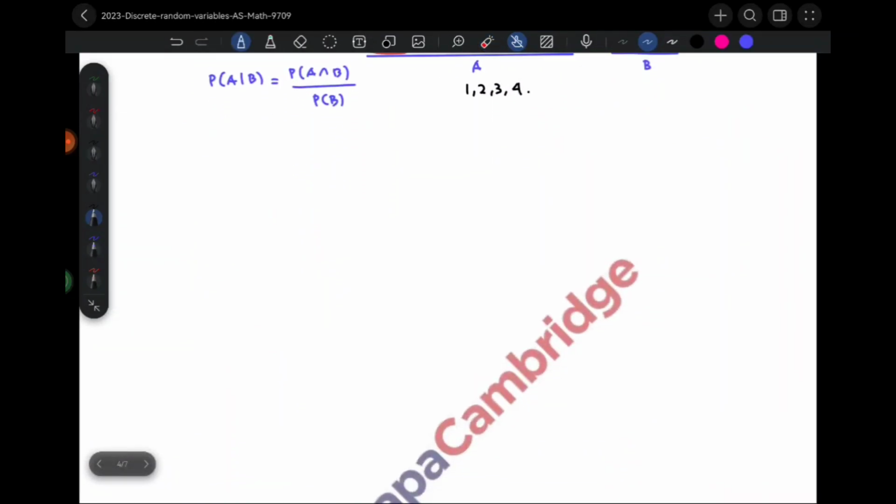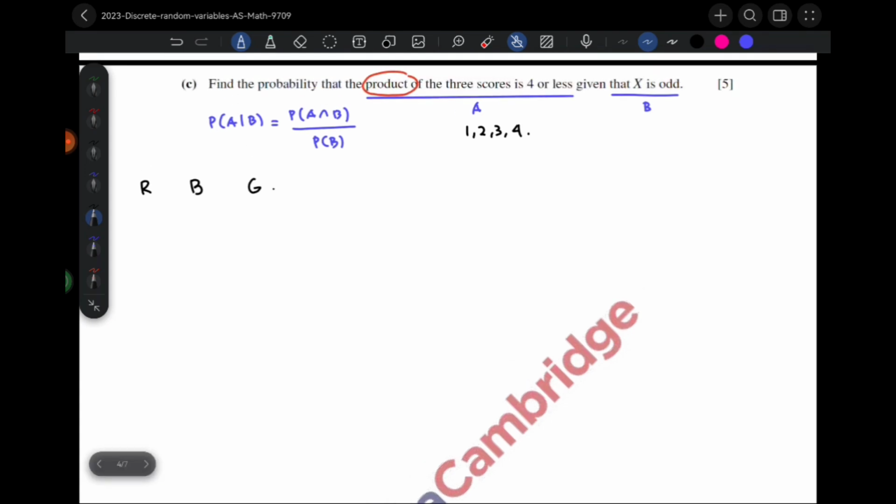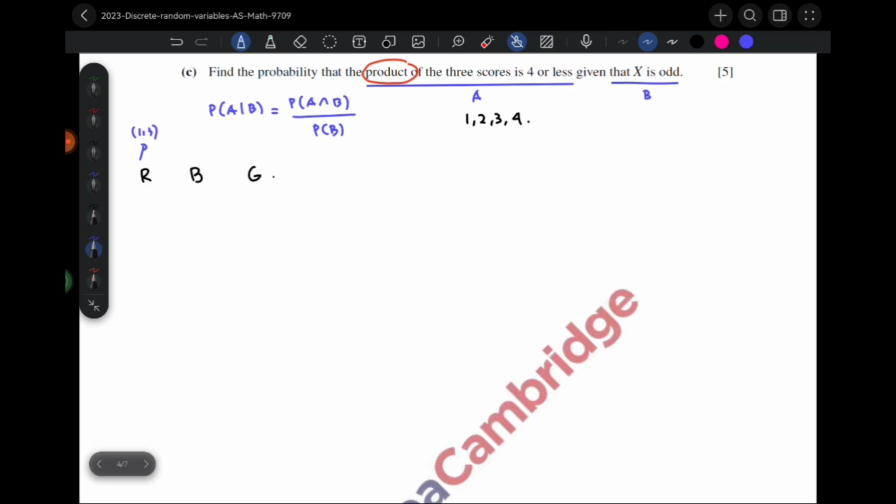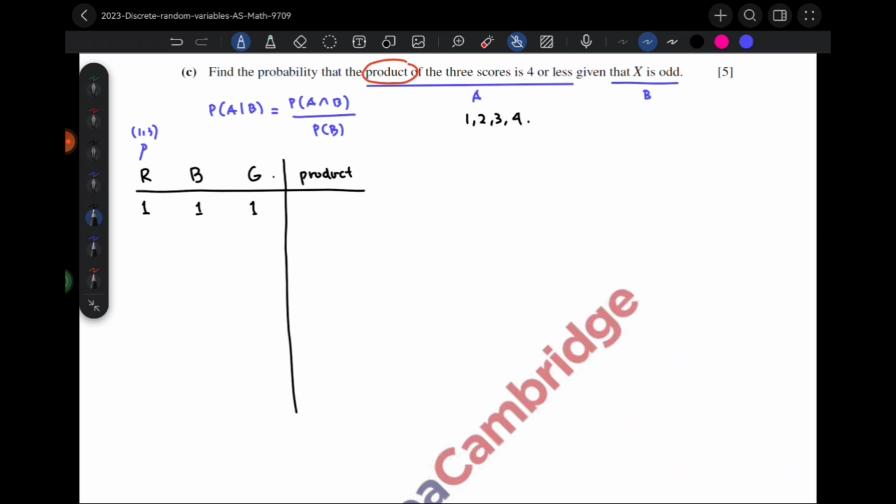Okay, let's say I give you the table here: red, blue, and green. Red can only be 1 and 3 for this intersection, where the product of the three scores is 4 or less and X is odd. Okay, R can be 1. So I'm going to list off the possibilities here. R can be 1, B can be 1, G can be 1. The product of these three numbers is 1.